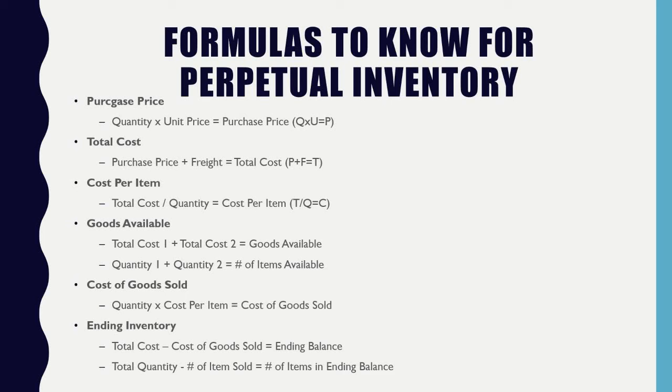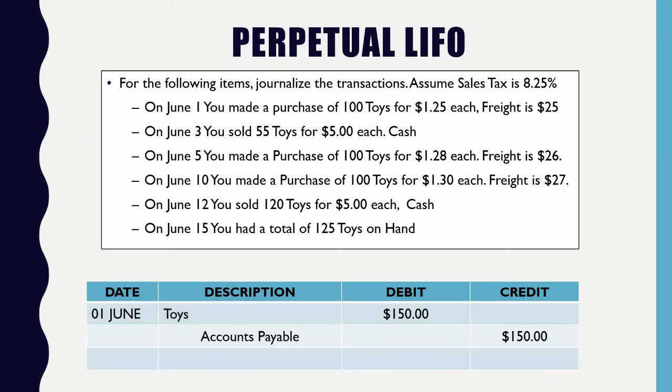And of course, your ending inventory, as we've known, every single time we update our inventory by calculating our total goods available in the inventory on hand, you will automatically know exactly how much your ending inventory will be.